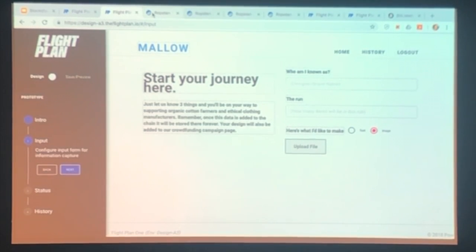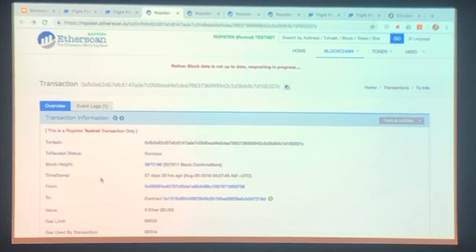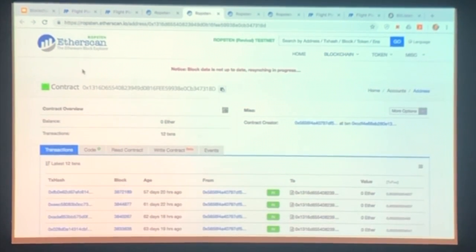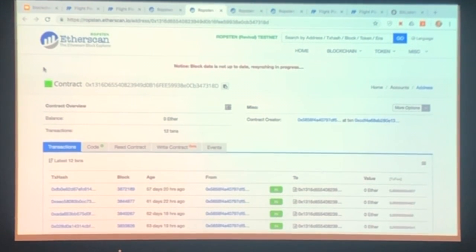In terms of what's happening behind the scenes, who's seen Etherscan before? Not many people. Etherscan is one of the Ethereum blockchain explorers. It's like a window into looking at the blockchain without having to be mucking around at the terminal.